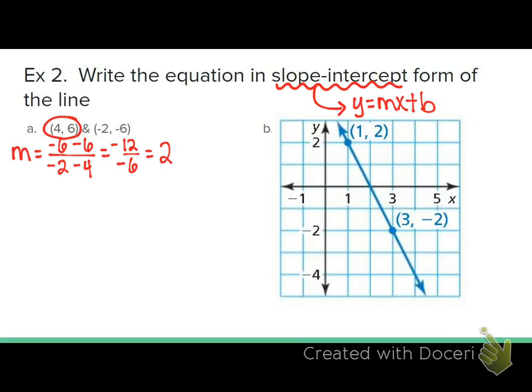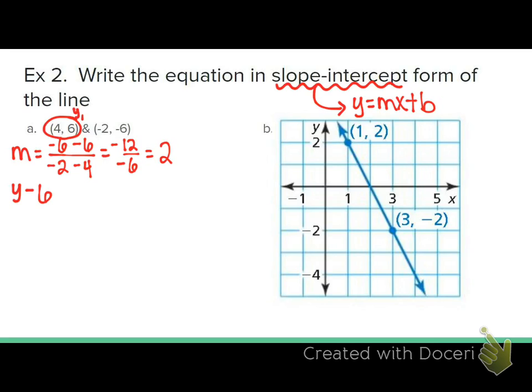So if we're doing it first in point slope form, that's the new one that was in our notes on the front page, then that's going to look like y minus what? Y minus 6, your y coordinate.